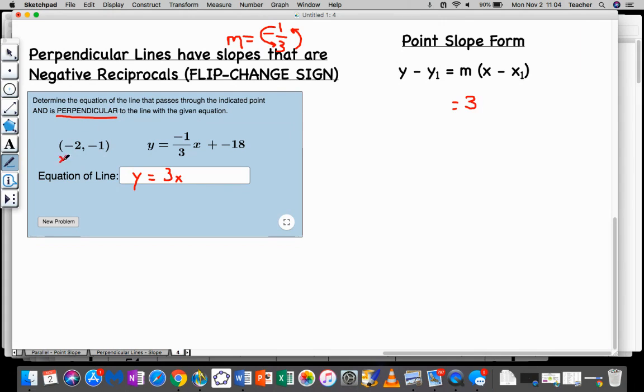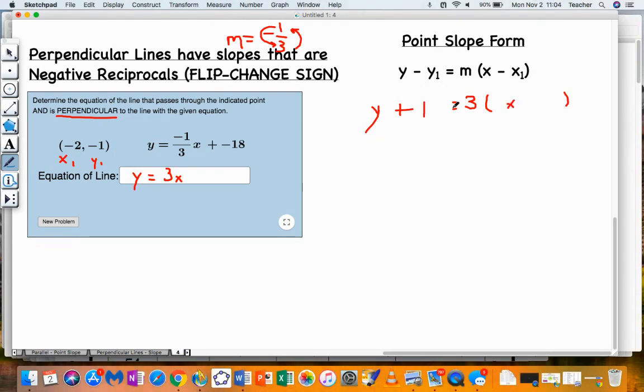And then your x1 and your y1 are the same as it was in the parallel question. So y1 is -1, so minus a -1, I'm going to go ahead and put +1, right? Minus a negative, plus a positive. 3, and then x minus x1. x1 is -2, so minus a -2, I'm going to go ahead and put +2.